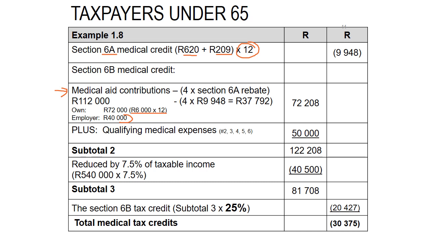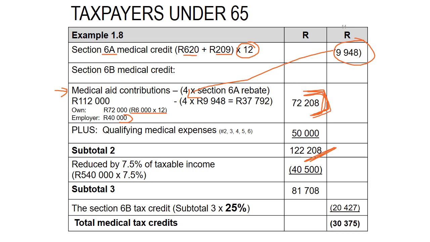That gives me 112,000, and that then is reduced by 4 times my Section 6A rebate. That's going to give me 72,202. To that, I'm going to add 50,000 in terms of qualifying medical expenses to bring me to subtotal 2. Just in case I didn't say it, that's subtotal 1, right?